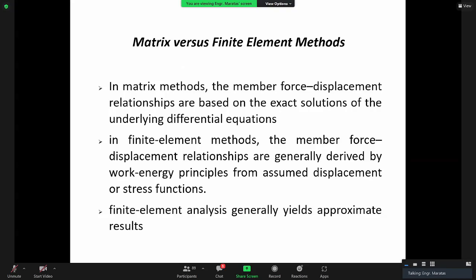In the finite element method, the member force displacement relationships are generally derived by the work energy principles from assumed displacement or stress functions. The finite element analysis generally yields approximate results. So this finite element method is a numerical approach, and its results are not that accurate. It is approximate.